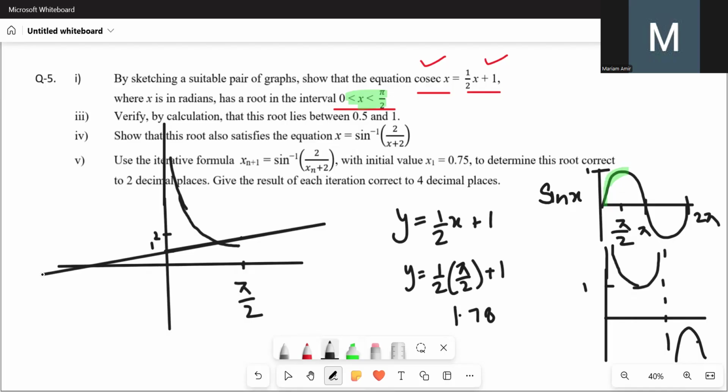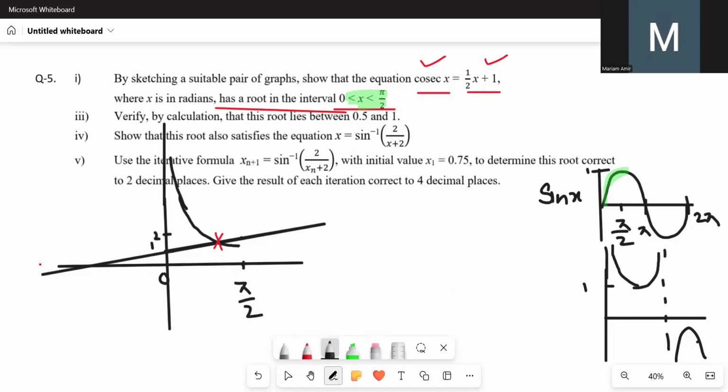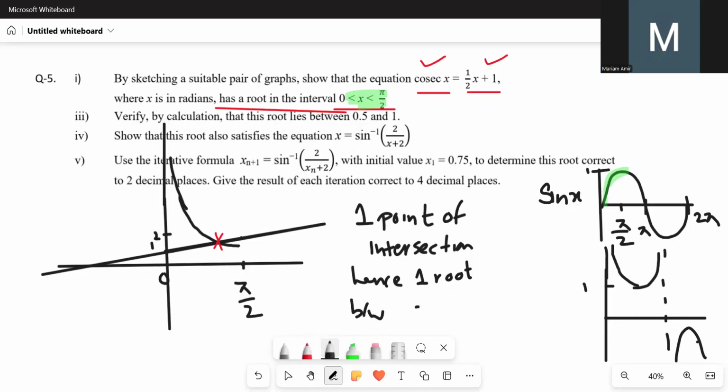Now, how do we show that this has a root in this interval? We show 0 here, and pi by 2 is already shown. You make a small cross on the point of intersection, and you write the concluding statement: one point of intersection, hence one root between 0 and pi by 2.